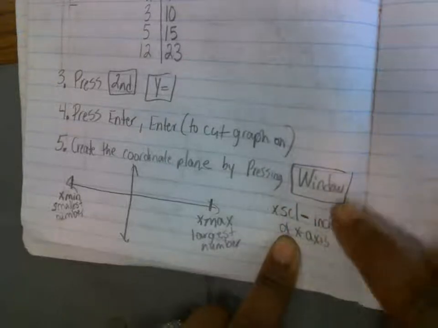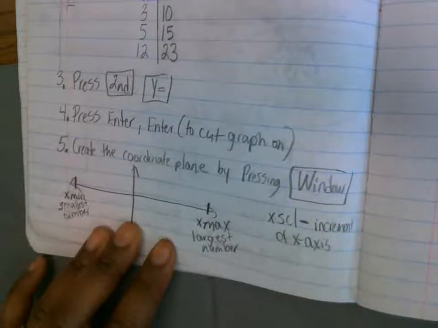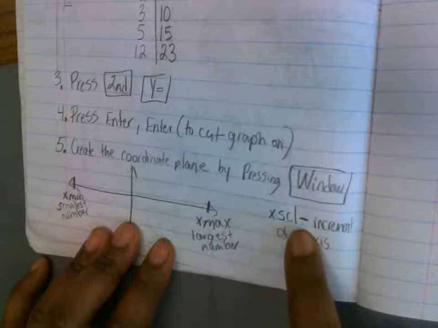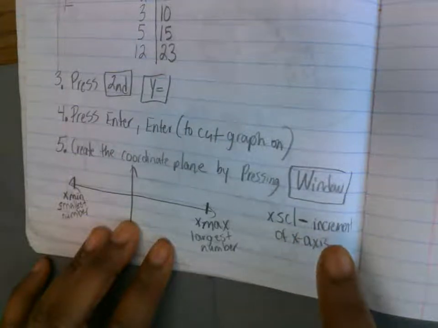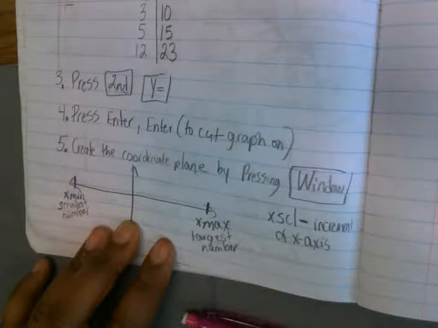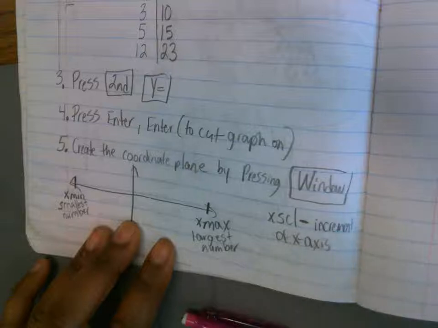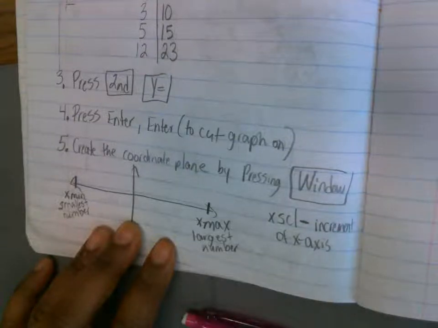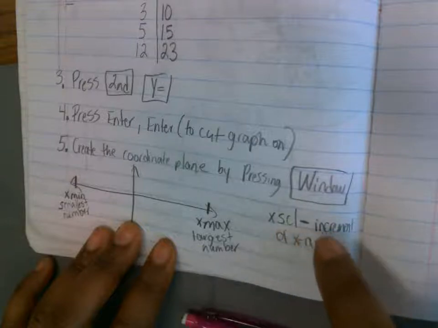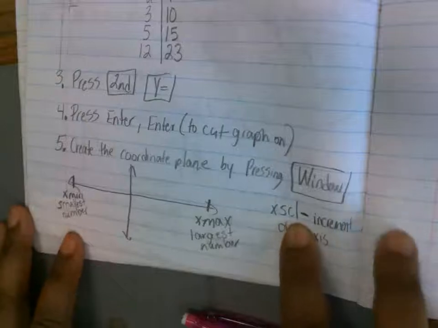So if you want your x-axis to go up by fives, 5, 10, 15, 20, 25, 30, then your x SCL is 5. If you want it to go up by tens, 10, 20, 30, 40, 50, 60, so on and so forth, then you put 10 here. If you want to go up by ones, 0, 1, 2, 3, 4, 5, 6, 7, then your x SCL is 1. This is how you change the increments on the x-axis.